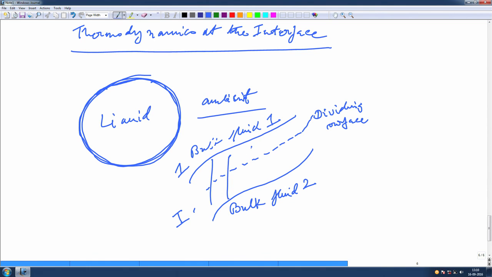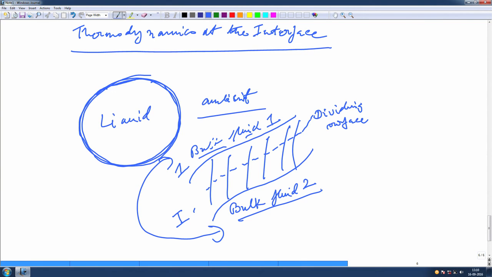This region can be very thin. In most cases we consider it to be very thin, but we still need to know the mechanism by which mass or heat transport occurs from one side to the other through the interface. That is the most important thing that will affect all the calculations that you see over here.